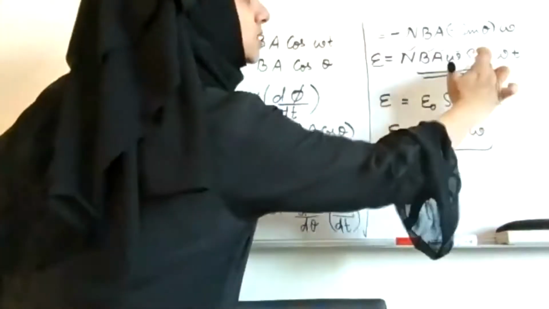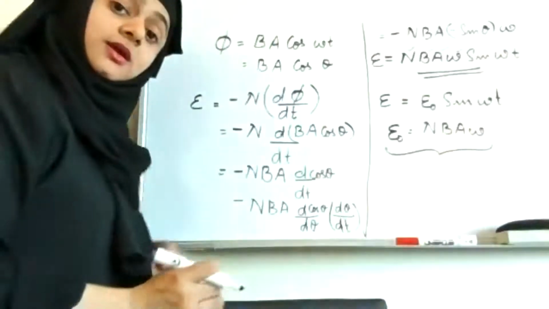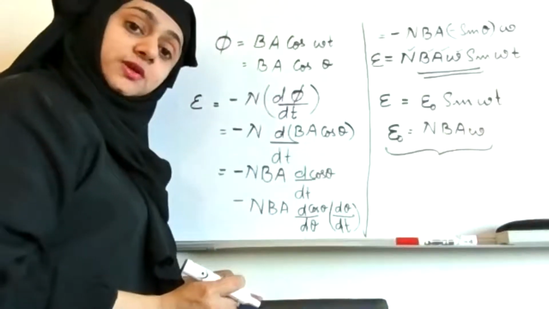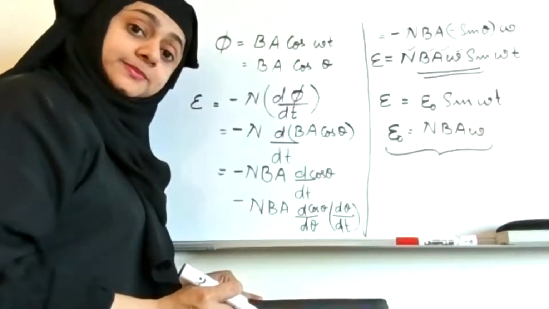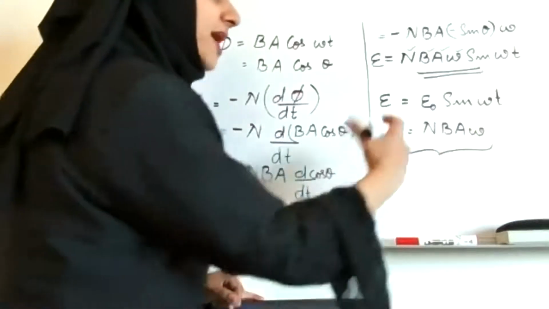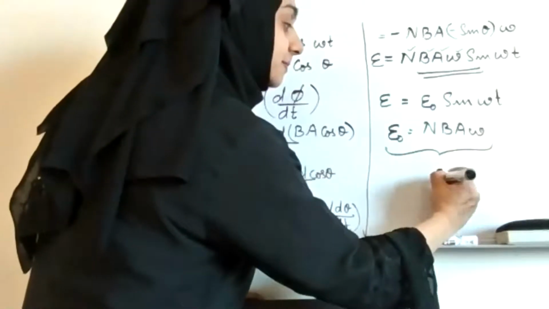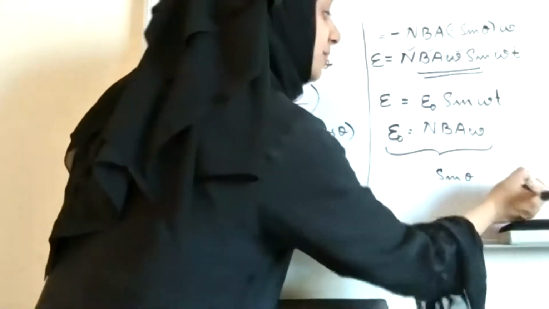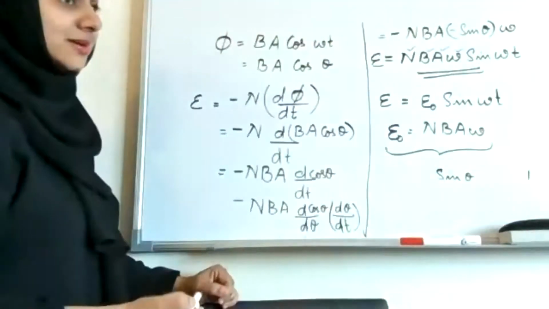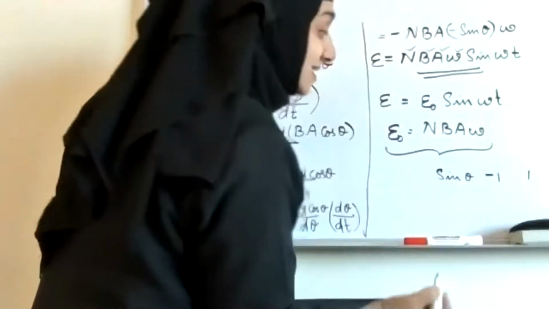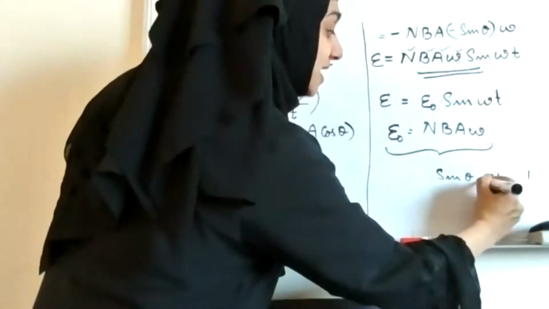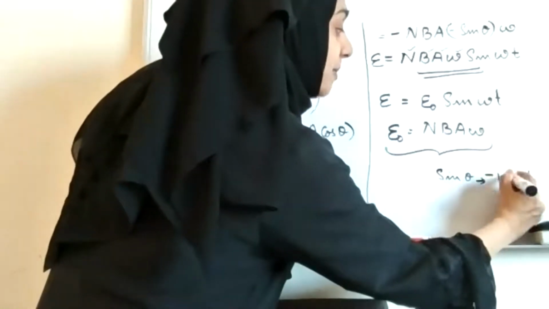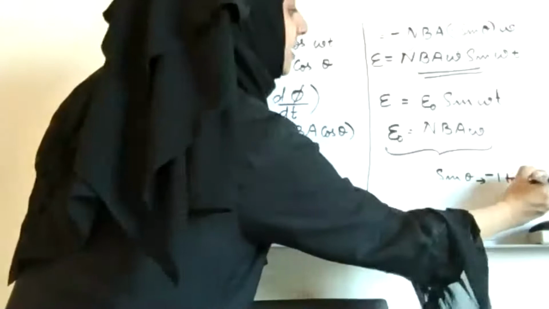Now, what is the value of sine omega t? How will sine change? What is the maximum value of sine theta? 1. What is the minimum value of sine theta? -1. Right? So, value of sine theta changes from -1 to +1.